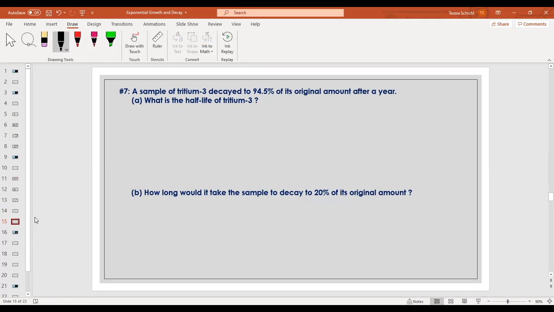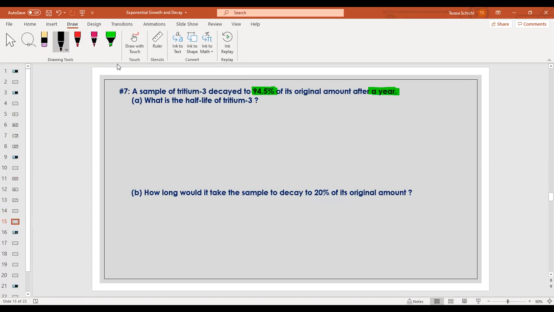The other one here is a sample that decayed to 94.5% after 1 year. Now I'm looking for the half-life of this.